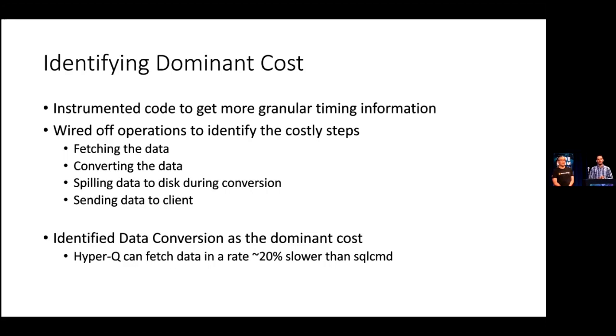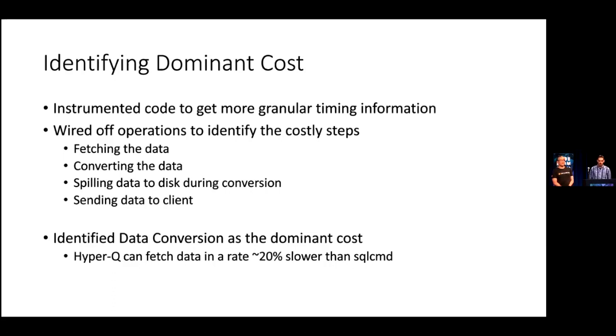The steps we are focusing on are fetching the data from the cloud database engine, converting the data, spilling the data to disk during conversion if the memory is limited, and sending the data back to the client.